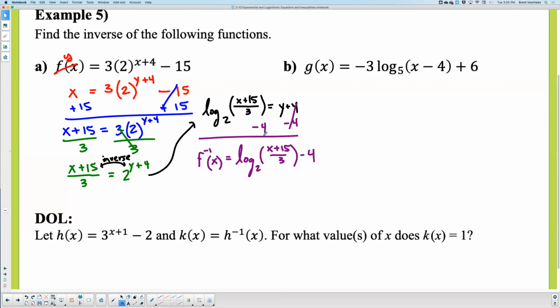Now that's my answer there, and I want to remind you about the domain. This inside would have to be greater than 0. So if you wanted to write the domain here, x plus 15 divided by 3 would have to be greater than 0. You could work through and solve this, but you'd find first we would need to multiply it by 3.